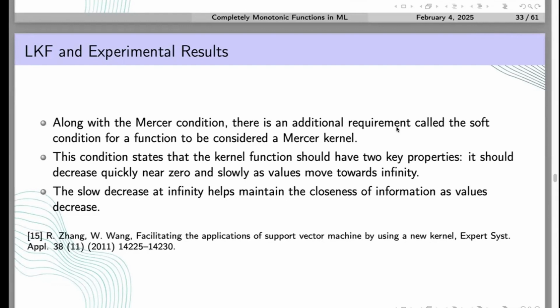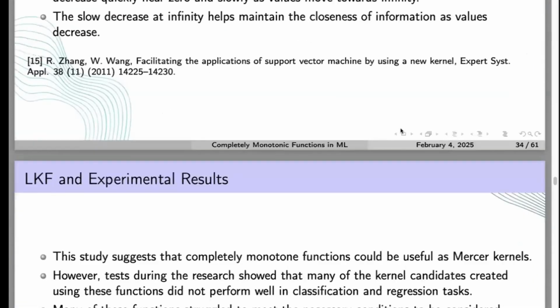Also, some of the kernels have more than one parameter. If you have more parameters, possibly the kernel will work better, but it will take more time to compute these kernels in the optimization procedure. So having fewer parameters is good, and starting with one and going to zero is also another good property of the function we established.